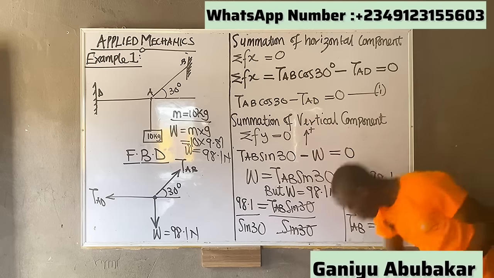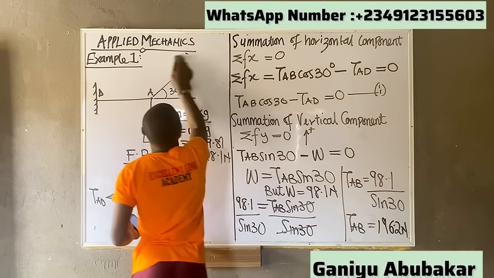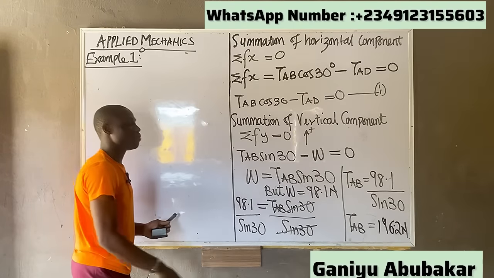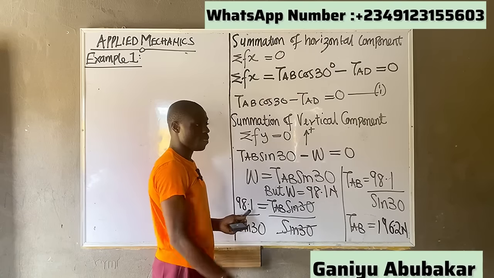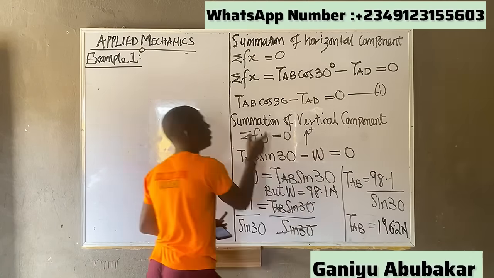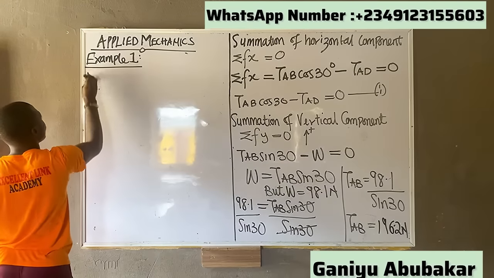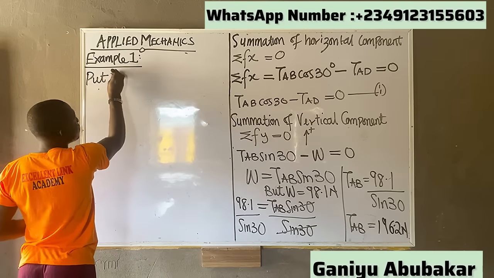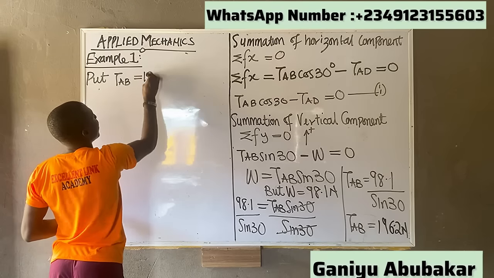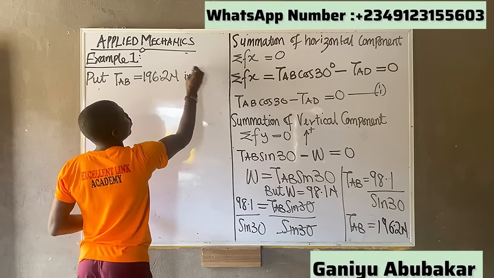So I put TAB equal to 196.2 Newtons into equation 1.